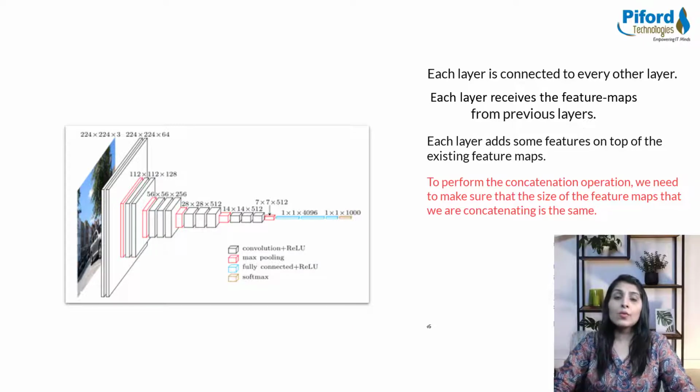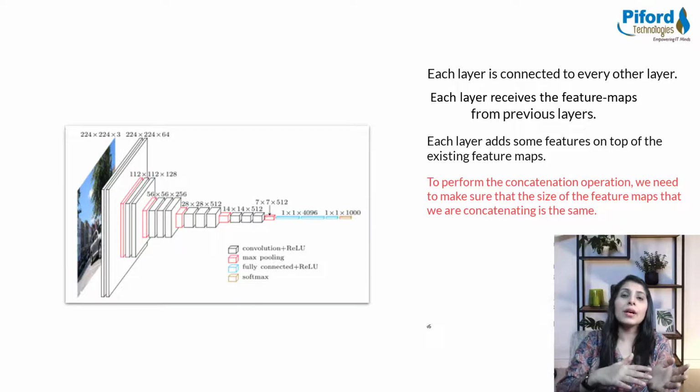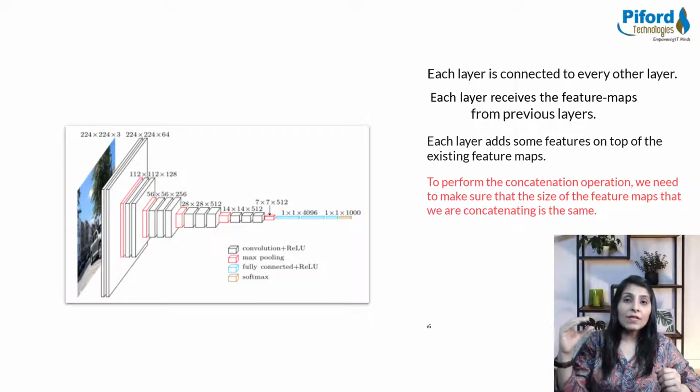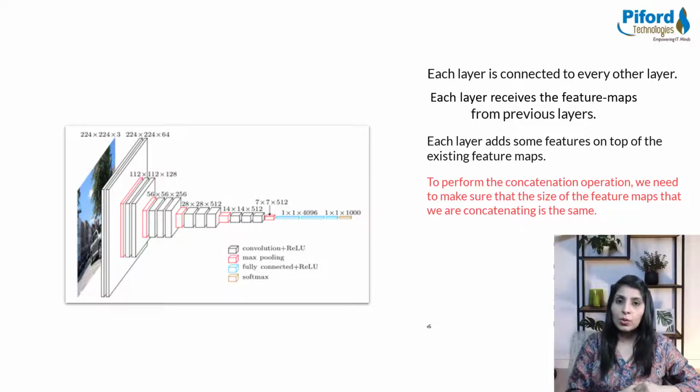Here you can see that we give our input image of size 224 into 224 into 3, and after processing, the last convolutional layer gives us an image that has been downsampled from 224 into 224 into 3 to 7 into 7 into 512. So every convolutional neural network downsamples the input image which we provide to the network.